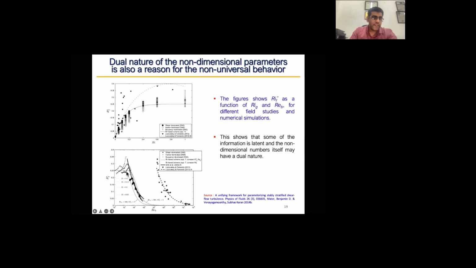So people are interested in where this drop happens, where your mixing efficiency starts to drop again. That's also very important. In the weak stratification, strong turbulence regime, this will go up to some point and then drop down.